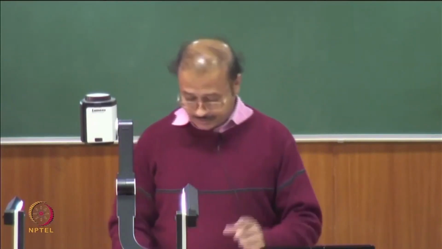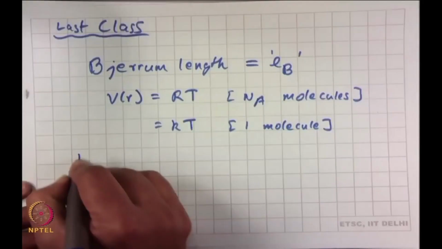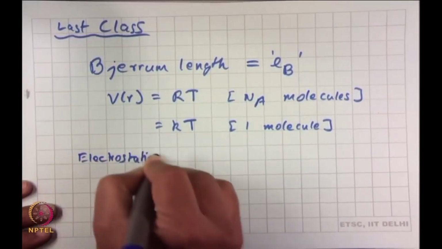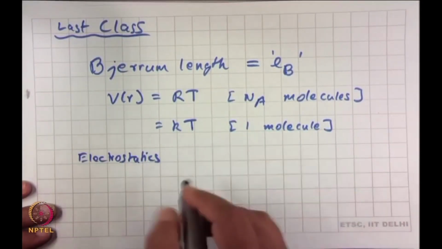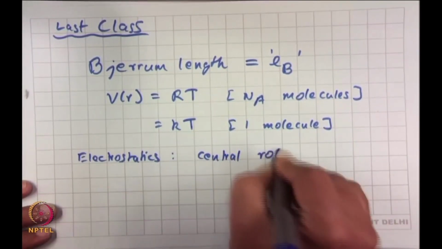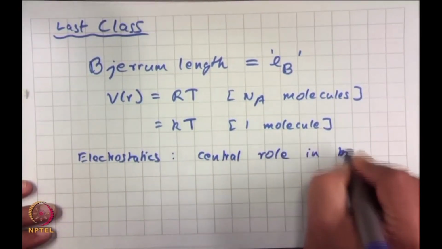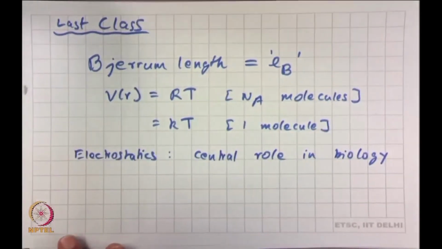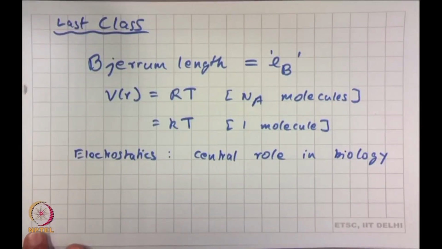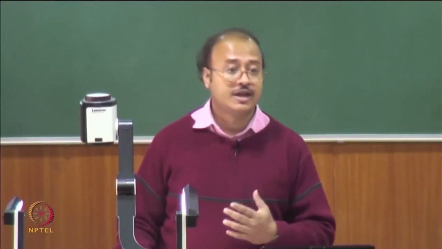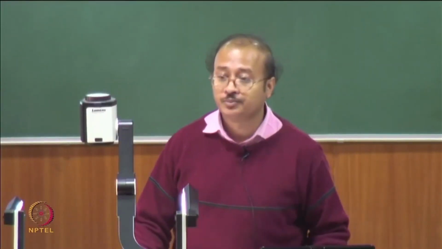Now, electrostatics, let me tell you one more thing. Why do people really care about it? We will see as we go through the course. It plays a central role in biology, and that is why we have to care about electrostatics. What do I mean by central role? It is present every time we talk about a biological molecule.